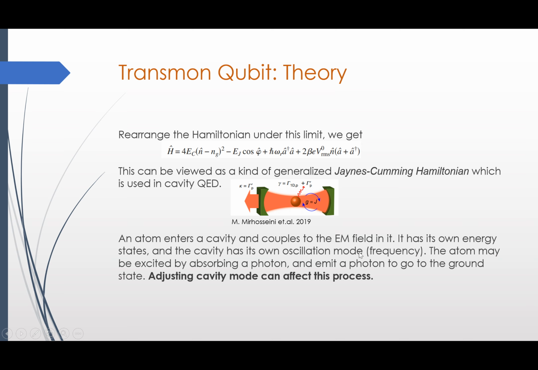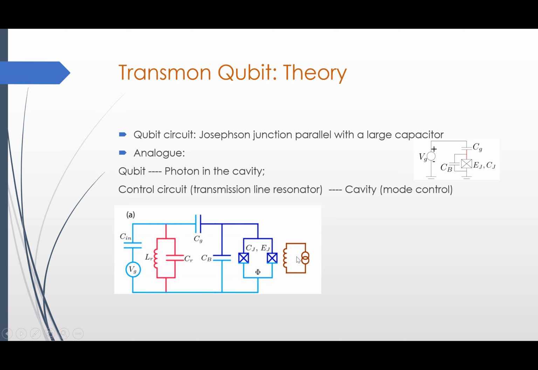Adjusting the cavity affects the atom state. We can map this to Transmon. The qubit is like the atom, and the cavity is represented with some control, like some microwave pulse controlled by a transmission line resonator, which shows up here.